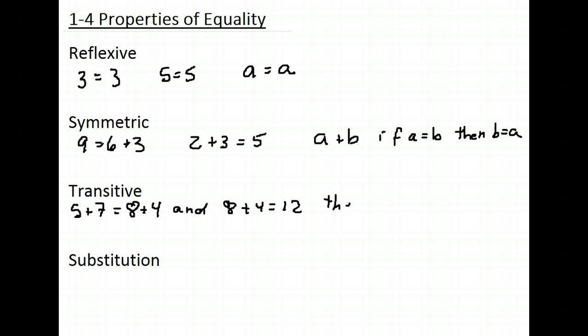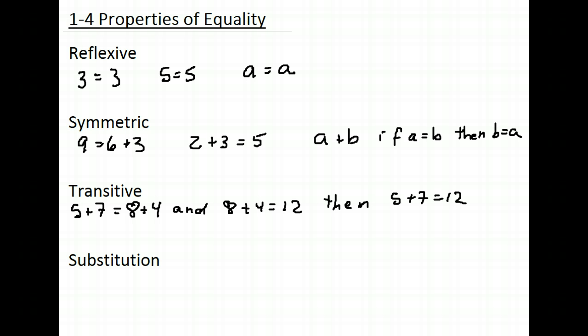Then we can say our first expression, 5 plus 7, is equal to 12. So it's going through the order of all of these expressions, and they all equal the same thing, because we know 5 plus 7 equals 12. 5 plus 7 is equal to 8 plus 4. 8 plus 4 is equal to 12. So this is the transitive property.